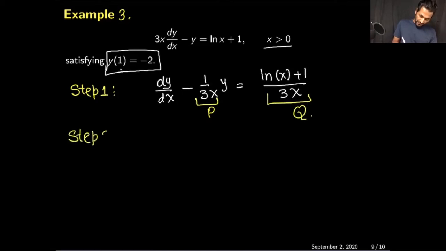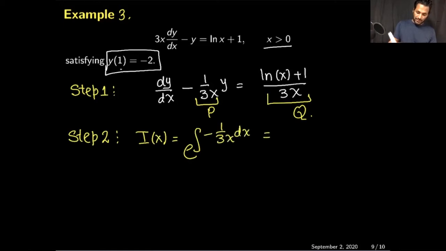In step number 2, we are calculating the integrating factor, which is I(x), and it is e to the power integration of minus 1 over 3x dx, which is our function p(x). So it's going to be e to the power minus 1 over 3 natural log of x, because the integration of 1 over x is the natural log of x.